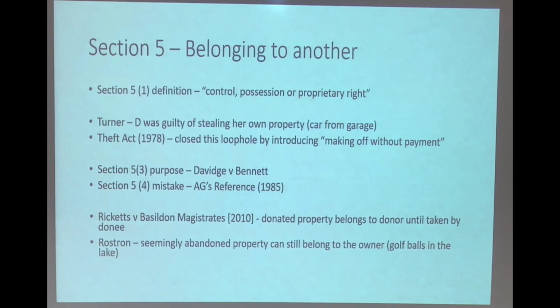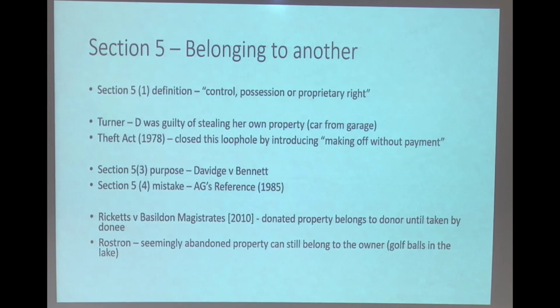So in that case, it still belonged to the person that dropped off the bag of clothes, and it would have done until the morning or whenever the people came in and took the bag into the charity shop. So that's worth bearing in mind. Quite often seen that on the old specification where somebody leaves a bunch of flowers on the doorstep and someone takes them, and obviously they still belong to the person that put them on the doorstep.